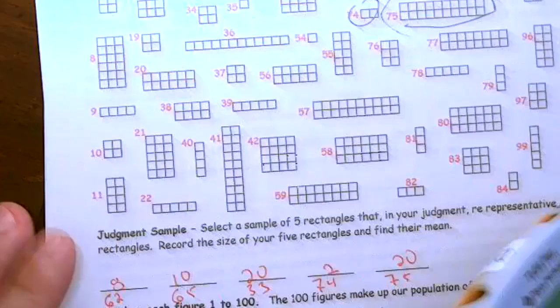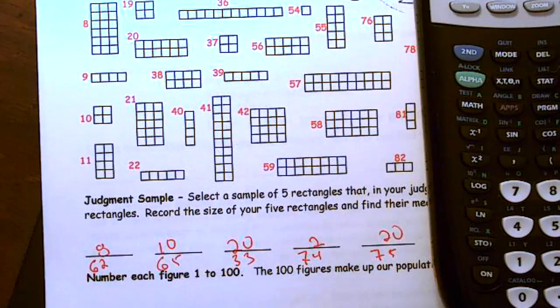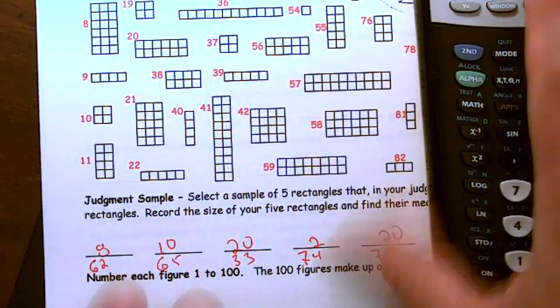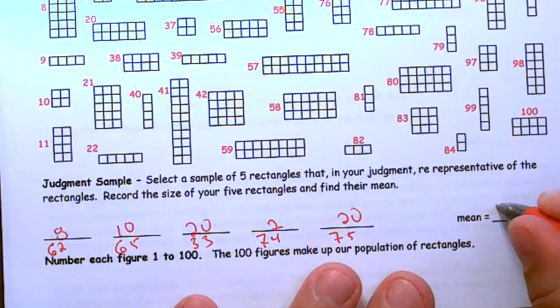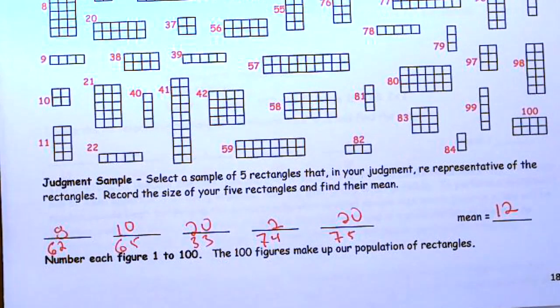Now, I just rapidly sped through those and thought that they'd be pretty representative. I recognize that we're in stats class, but that's what I chose. And I divide by 5, and I find that the average size is 12. That's really not surprising that I would get something that overrepresents it.